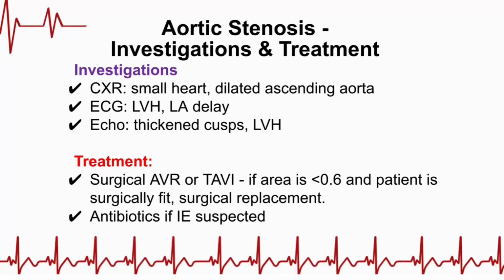Because of stenosis, you can have jet lesions that can damage the endocardium, and this can have deposits of infected vegetation that can then get infected and cause things like aortitis in the context of aortic stenosis anyway.